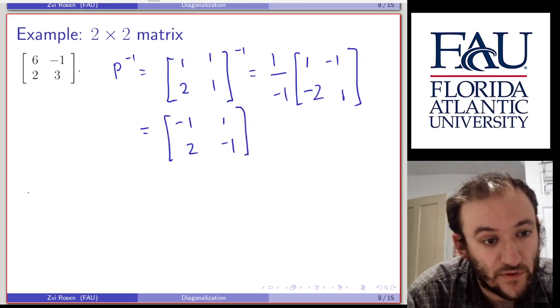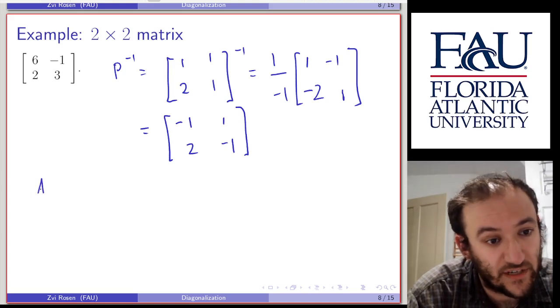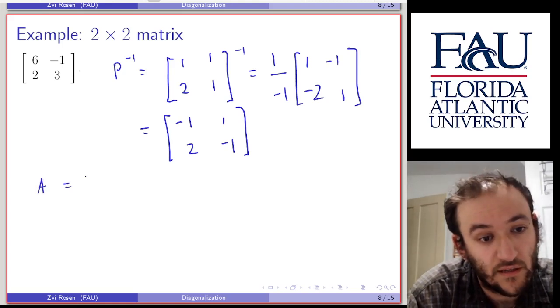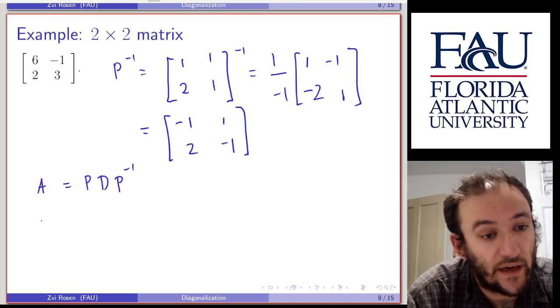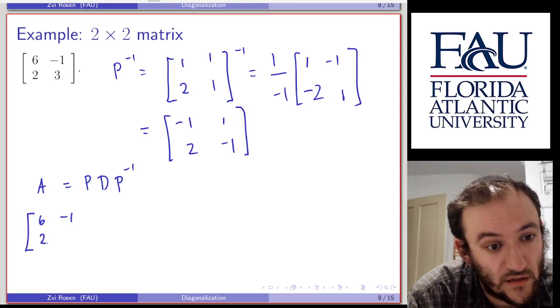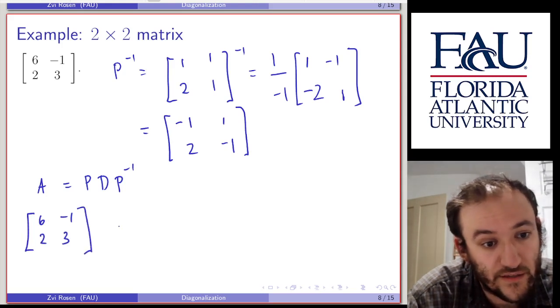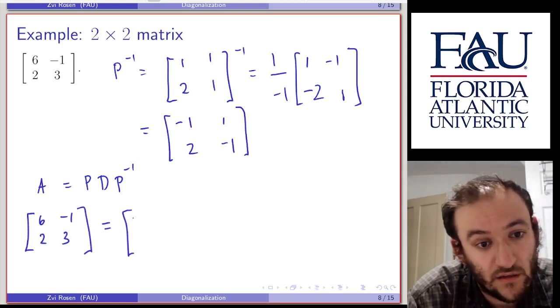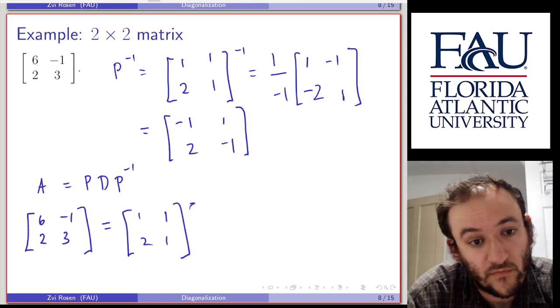Okay. So that tells us that our original matrix A should be equal to P D P inverse, which in our case means that [6, -1; 2, 3] is going to be equal to P first, so it's [1, 2; 1, 1], and then the diagonal matrix was [-1, 0; 0, 4, 5].